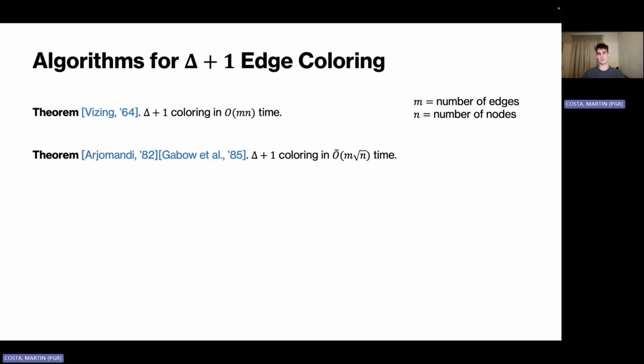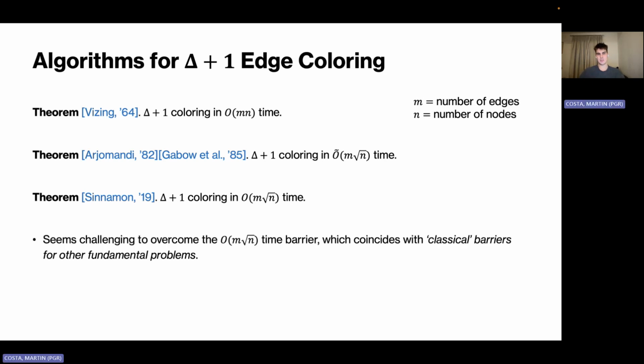This was subsequently improved upon by Arjomandi and Gabow et al. independently in the 80s. They showed how to compute a Δ+1 edge coloring of a graph in O(m√n) time, up to some small polylog factors. And then some time after, Sinnamon was actually able to shave off this extra root log n factor and obtained a clean bound of O(m√n).